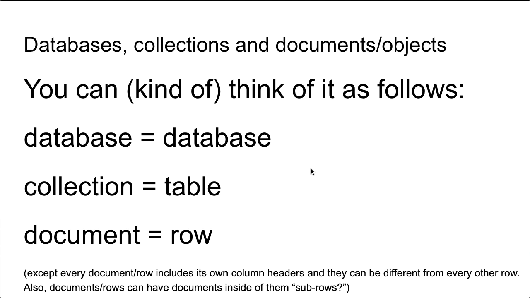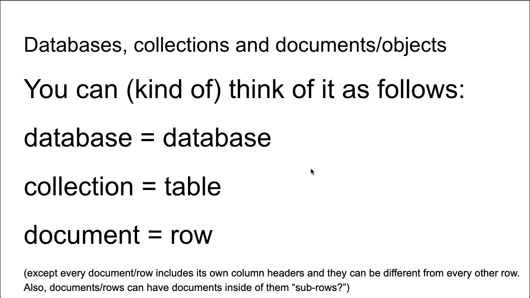It doesn't really make sense to think of it that way, but documents can have subdocuments. The perfect example is the news article: you can have documents inside it, one for every comment, and you don't know how many comments there will be in advance.